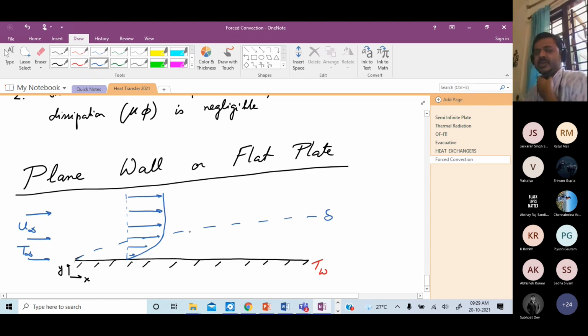And we have derived expressions using scaling analysis and by solving the Blasius equation. We now know the thickness of this boundary layer, the velocity inside this boundary layer, the shear stress at the wall because of the viscous forces and so on. So this is what we know.